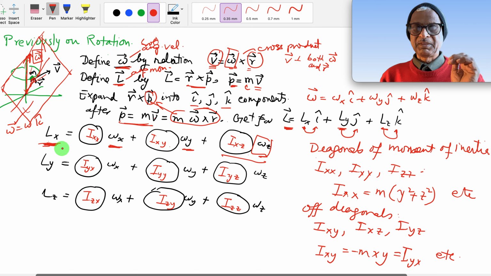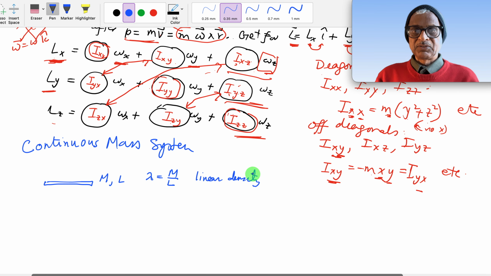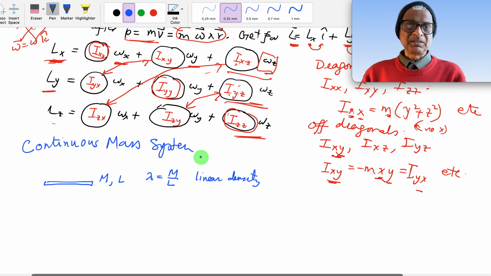In particular, what happens to these formulas when you have a continuous mass system, kind of like, say you have a rod, and it has a mass m and length l, and you can say, hey, it has a mass over length, density, mass over length. So this is called linear density. So how did this formula get replaced?